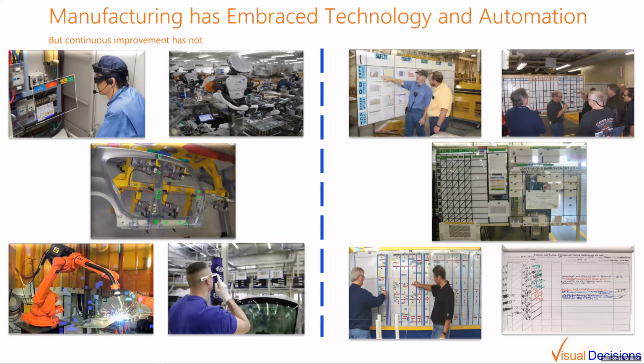Over the past forever, manufacturing has really embraced technology. It's been one of the drivers, obviously, behind the Industrial Revolution, and a lot of the progress we've made over the past few hundred years.